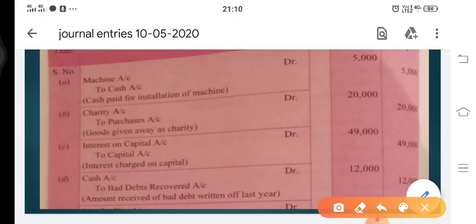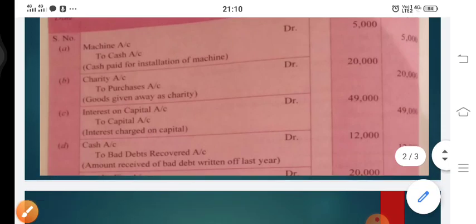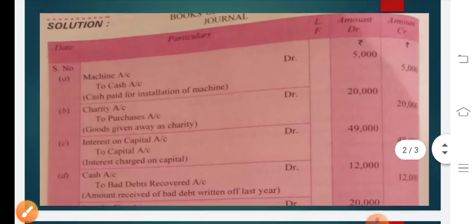So the journal entry here, since we have received cash, is cash account debited with rupees 12,000, and this cash we have received as a gain, which is called bad debt recovered, because earlier it was a loss and now it is recovered. So to bad debts recovered account, 12,000 and 12,000.